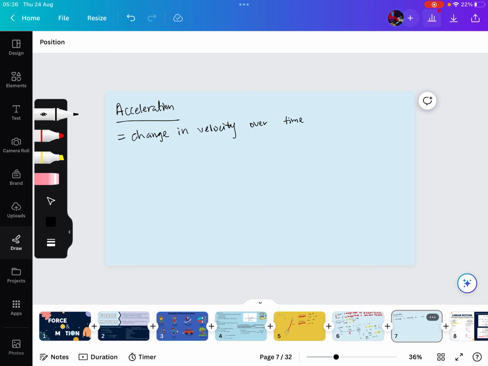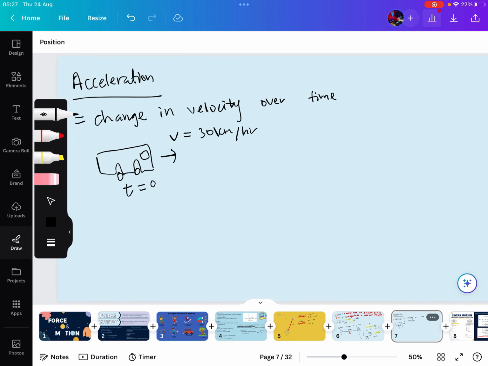Okay, for example, I'm using a car example. So this is a bus or a car, you can say. Sorry for the bad drawing. When it moves forward at v equals maybe 30 kilometers per hour, this is at t equals 0 first. So initially it is moving at v equals 30.